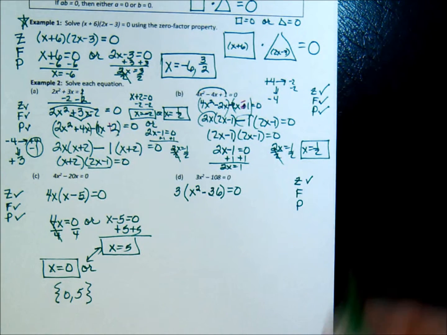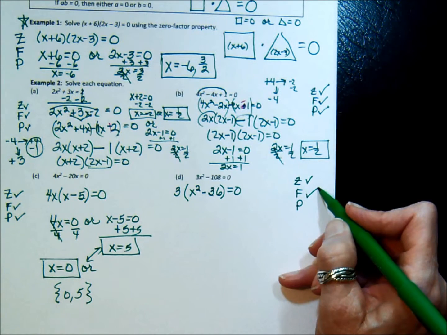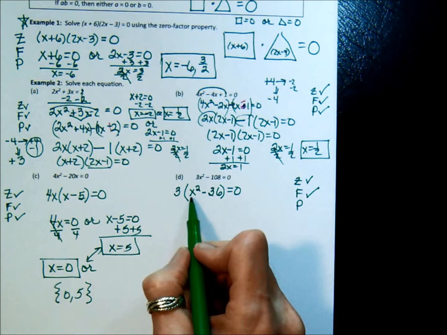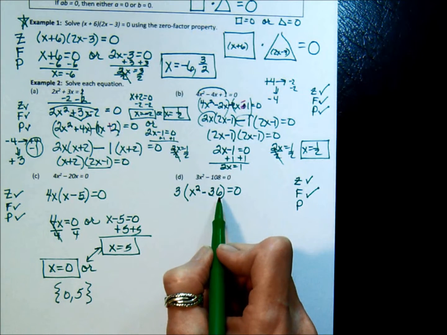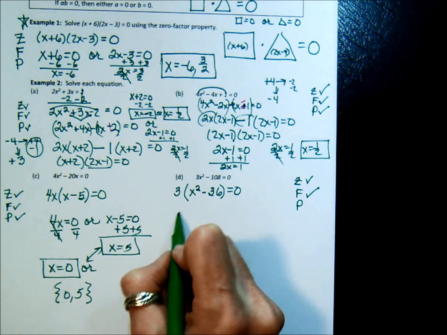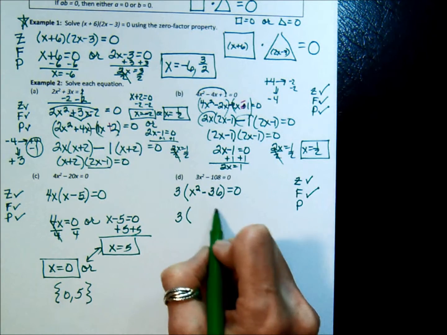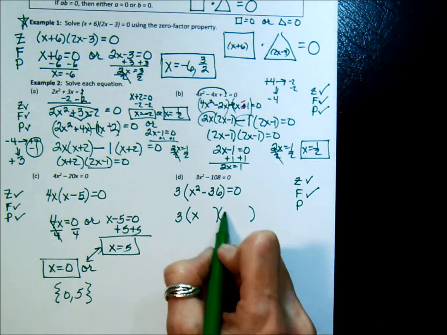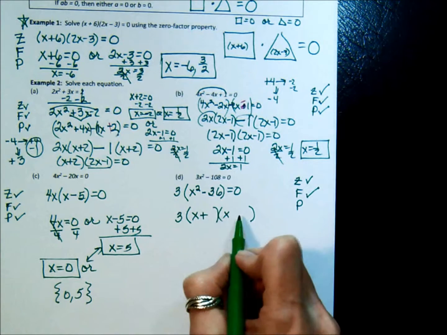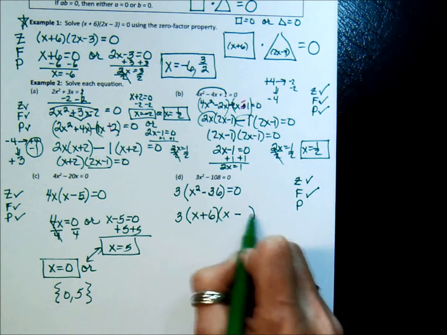Now you may think we're finished factoring, but we're not, because what is left in parentheses is an example of a difference of two squares. So I'm going to bring down that 3. Now I have to factor what's in parentheses, difference of two squares. x, x, 1 is a plus, 1 is a minus, 6 equals 0.